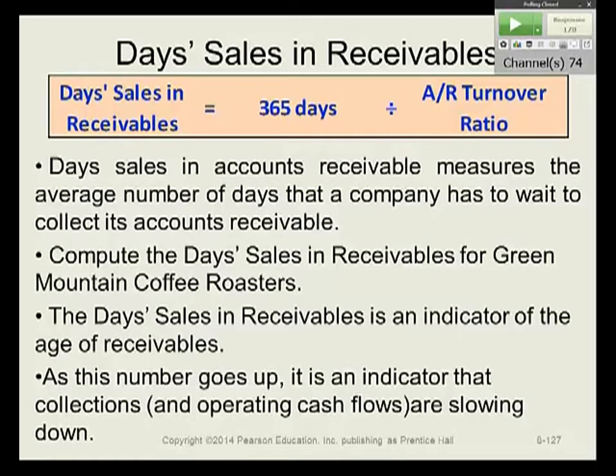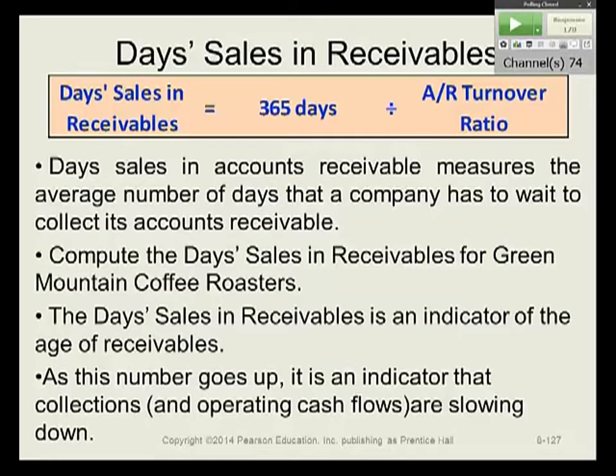Then hopefully we sell it. That generates an accounts receivable, and then we collect it. So this is part of the cycle. Now we'll forget about investments until the next chapter. We collect our receivables, and then we put the cash back into the cycle. So this was the cash operating cycle.